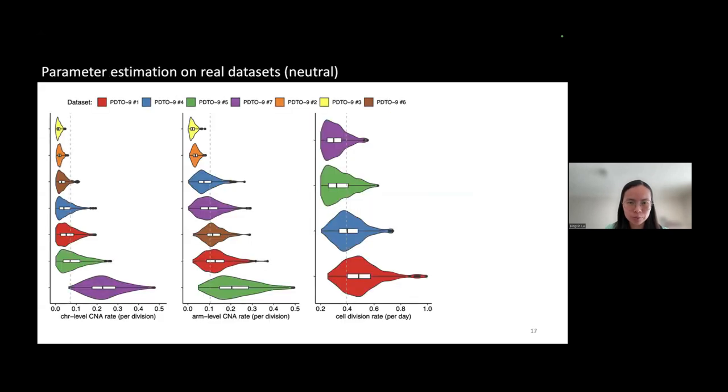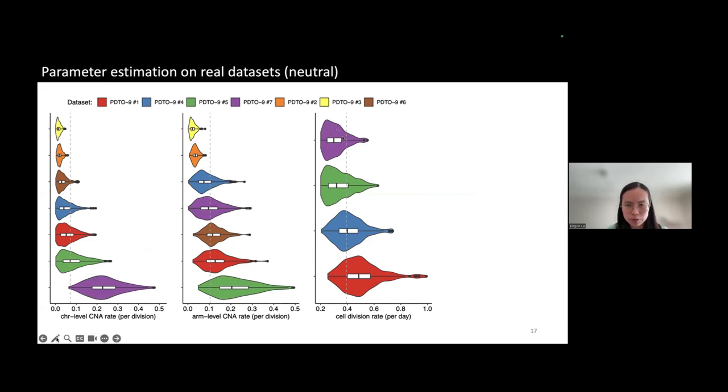Using this model and the approximate Bayesian approach I described previously, we can infer the posterior distributions of the copy number alteration rates and cell division rates.